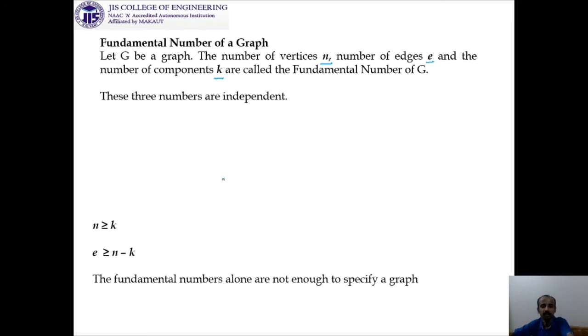And then, the fundamental numbers alone are not enough to specify a graph.